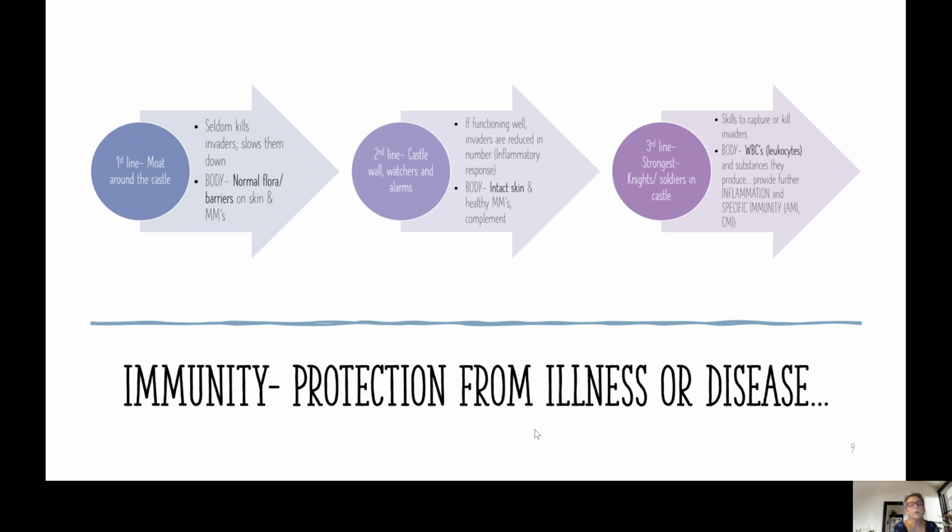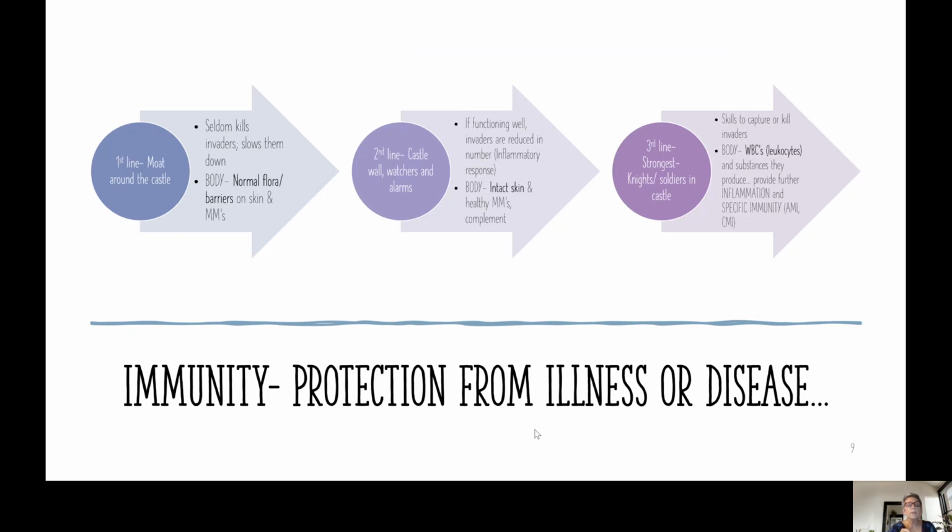The moat is filled with water around the castle, but in our bodies, what we have is normal flora, the good bacteria on our skin, along with the barriers of our skin and our intact mucous membranes, which help to slow down and prevent any invaders from getting in.